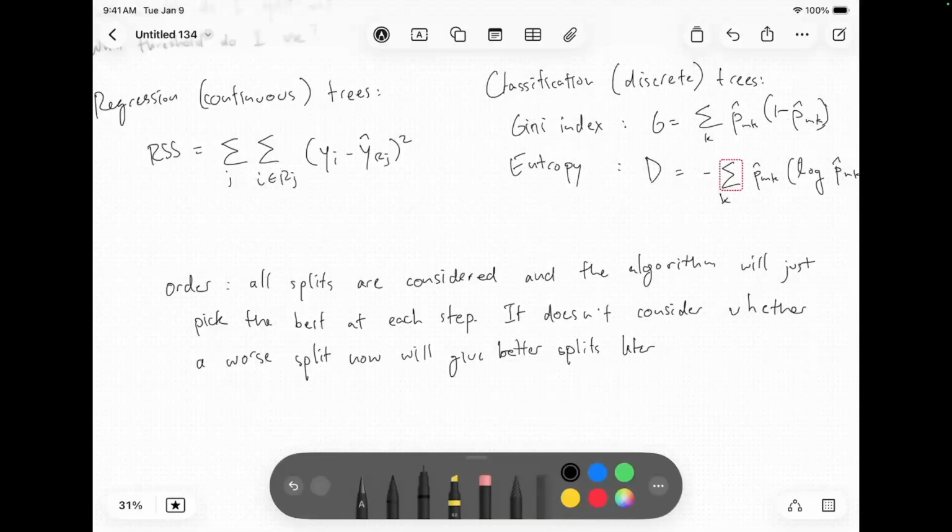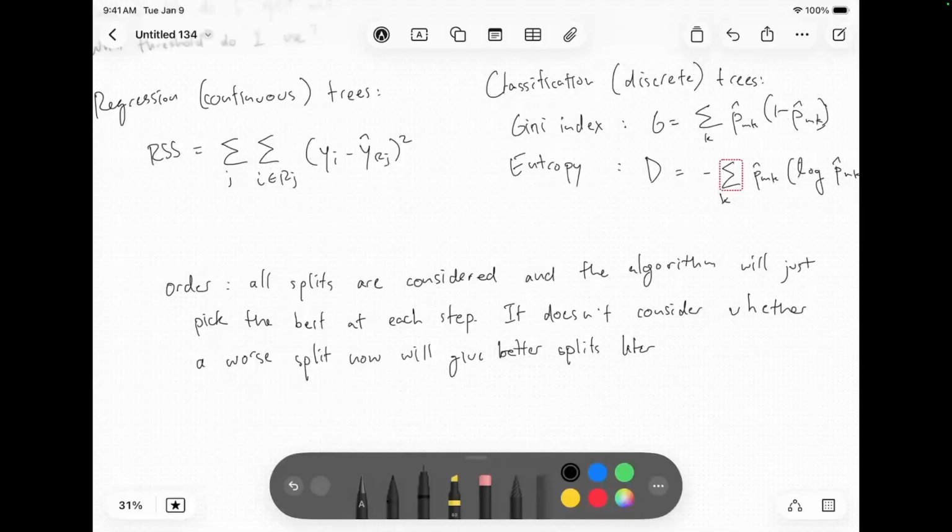And that has to do with computational complexity. This is akin to, in a stepwise regression, let's say I'm doing forward stepwise and I omit x2, and later it turns out there's a particular combination of x2 with a different variable in subsequent steps that would have been better than anything I could have gotten.